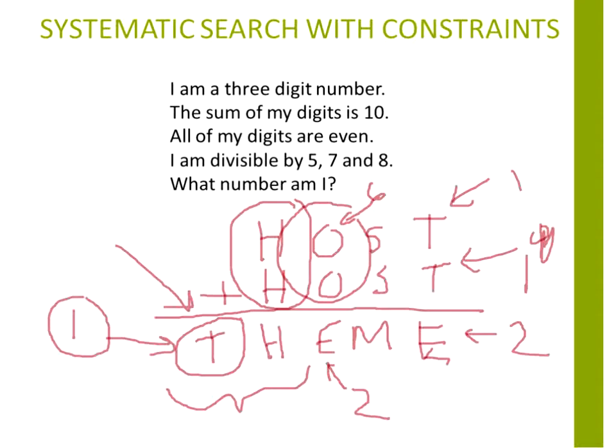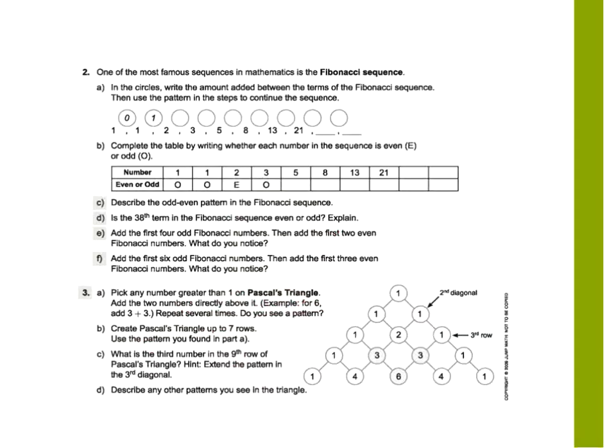Okay, now I'm going to show you a different kind of problem. This is from our grade 7 books. You know the Fibonacci sequence right here. It turns up everywhere in nature. It's very important. It has to do with the reproduction rate of rabbits. That's when it was first discovered. Now, a lot of people know the secret of the Fibonacci sequence.